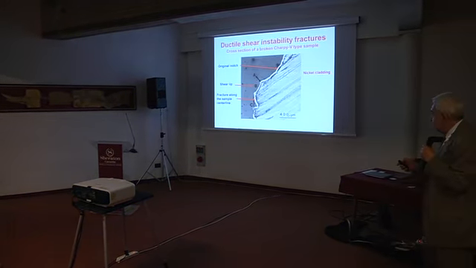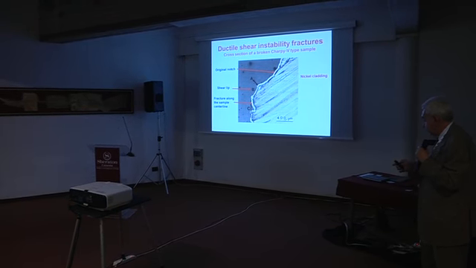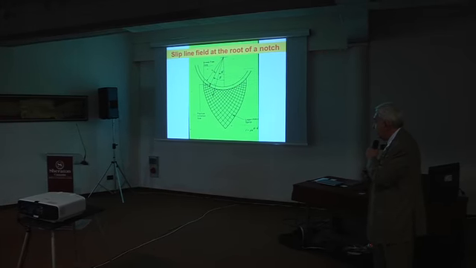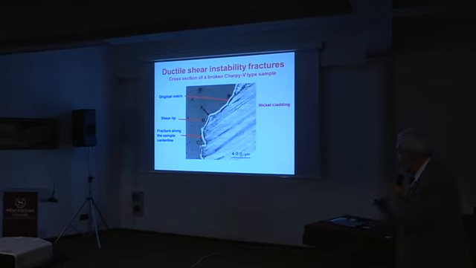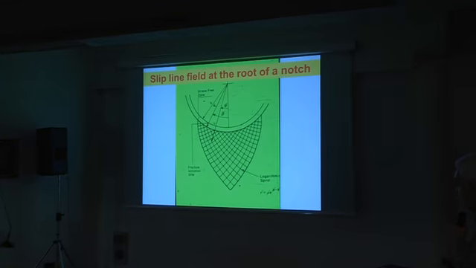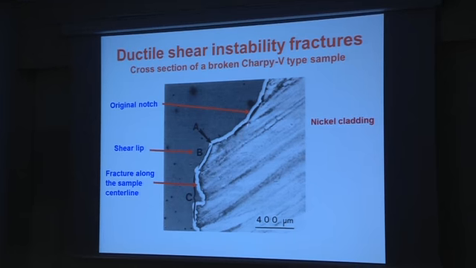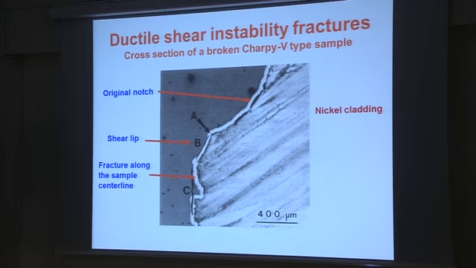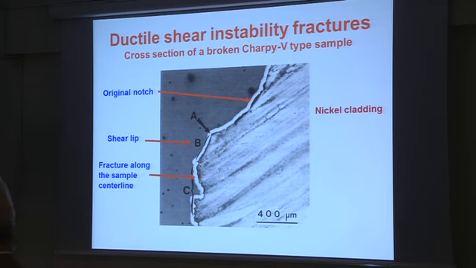So again, we are looking at the notch. This is the notch before fracture. There is deformation of tiny microflaps that are evidenced here by the nickel cladding of the broken surface to better see it.